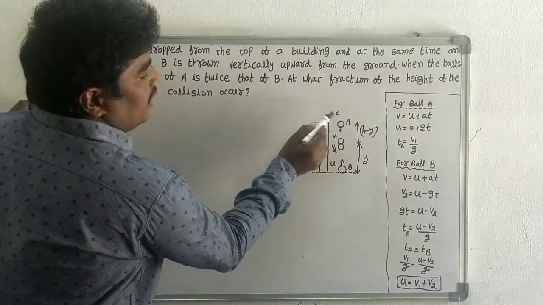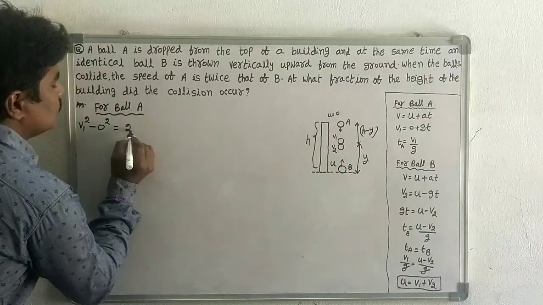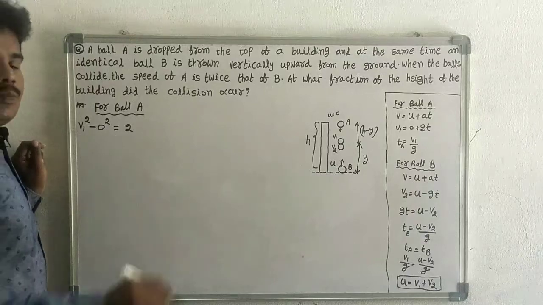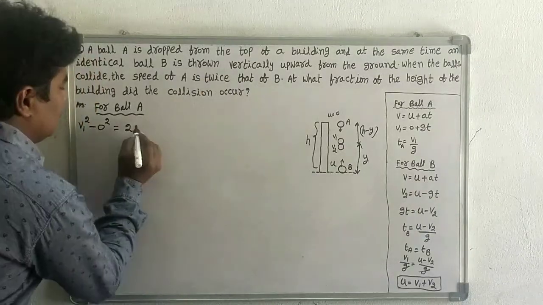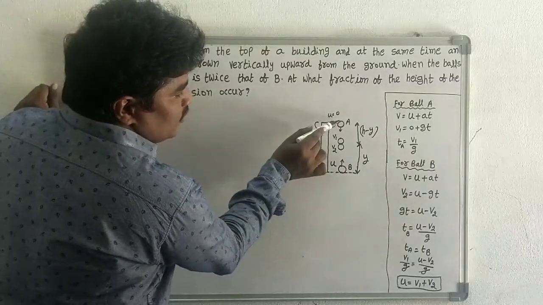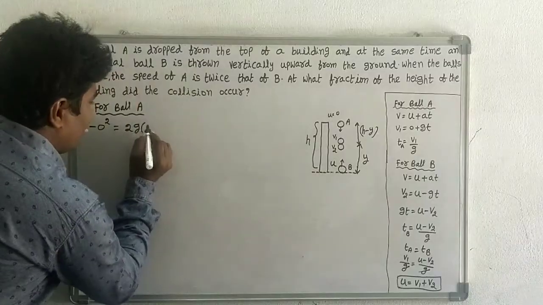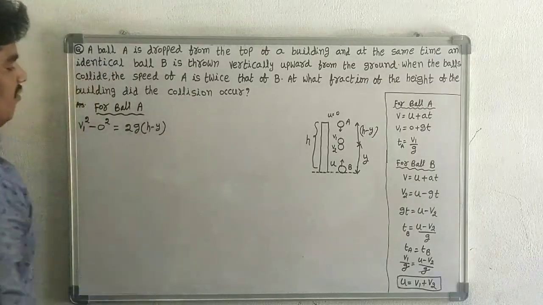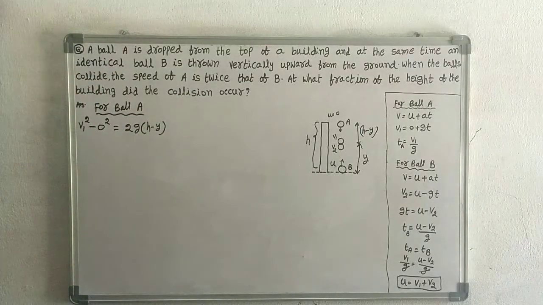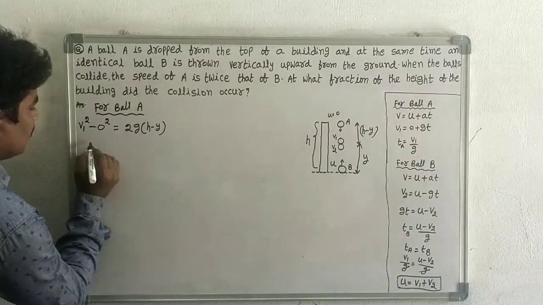For ball A, u is 0, so 0 square is equal to 2as. a means plus g. Why? Because it is freely falling. s means displacement. The displacement of ball A is h minus y.